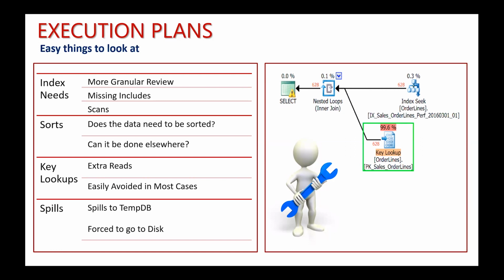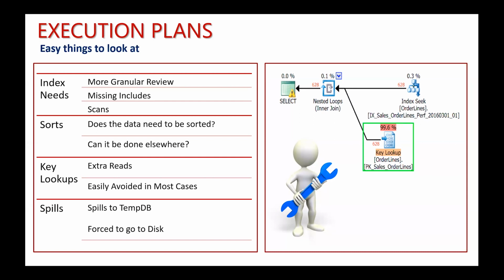Again, the key lookups, spills to TempDB. Spills to TempDB have a lot to do with your statistics, your estimated versus actuals. If it doesn't give you enough in your quote unquote pipeline, it doesn't give you enough resources to do what it needs to do because your row counts are off, then it's going to spill to TempDB. It's going to spill to disk, which could give you a performance hit if your disk isn't great.